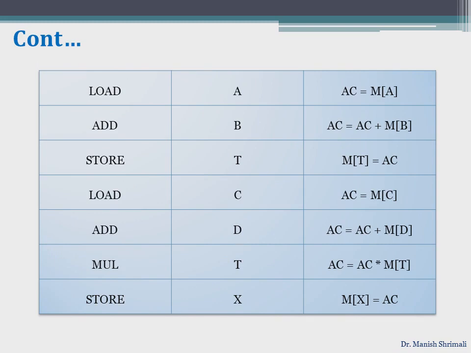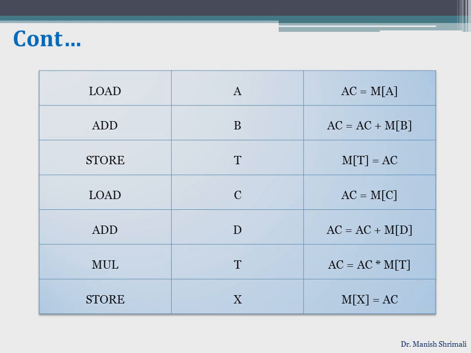What we are doing here is load A, so our accumulator is pointing to the memory location occupied by A. Then we are adding B to A, and since A has been loaded into the accumulator, we are adding B to the accumulator, and the result of adding B to A is stored in the accumulator.